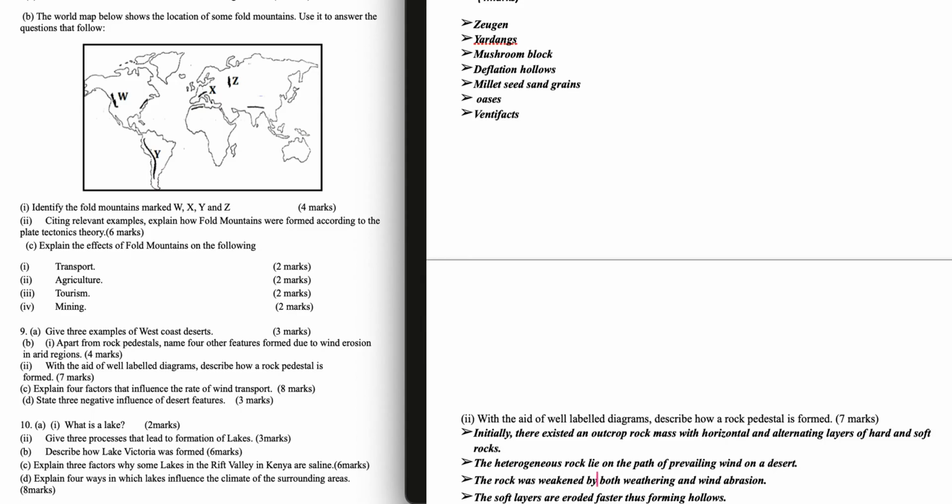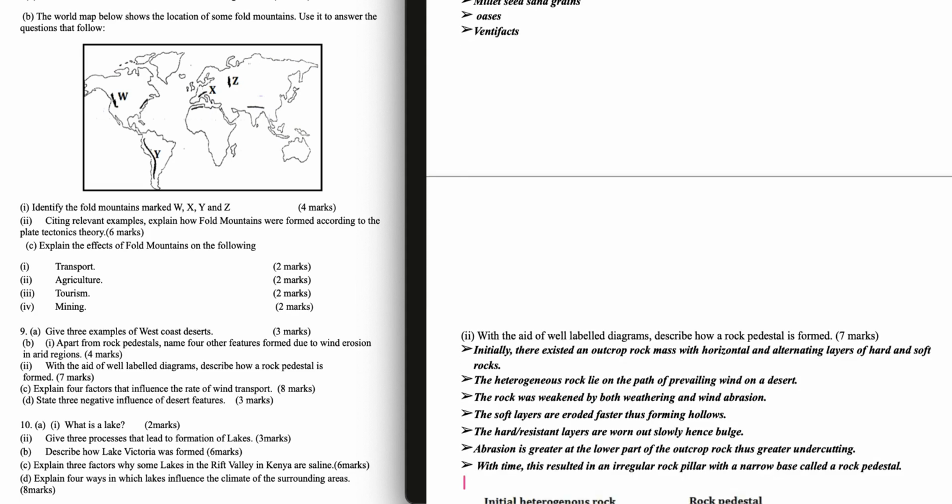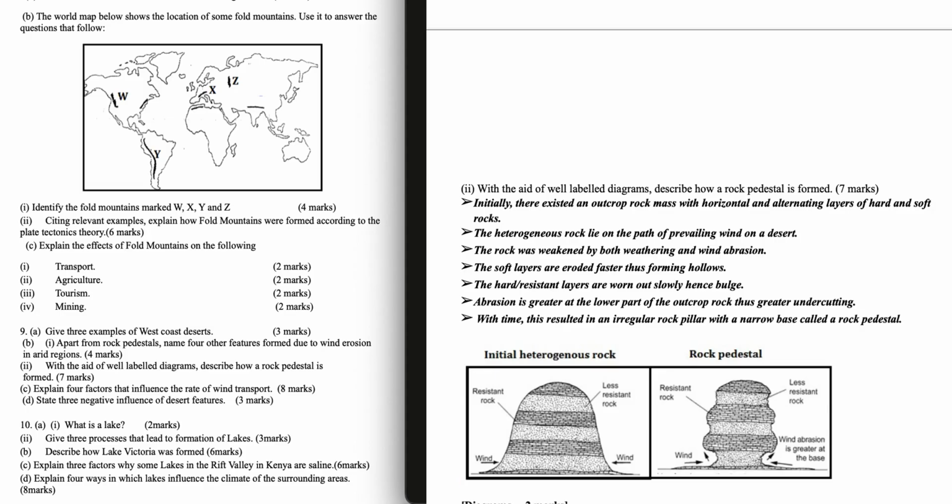Question 9b2. With the aid of a well-labeled diagram, describe how a rock pedestal is formed. 7 marks. It's formed from this to this.